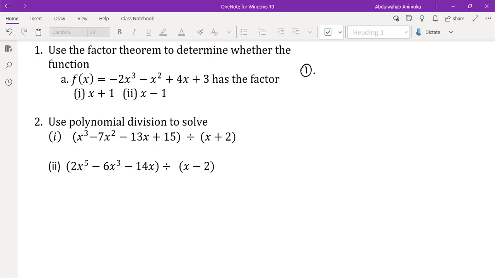Now, in this first problem, in order to find whether a particular polynomial is a factor of another polynomial, what you need to know is what we call the remainder theorem.